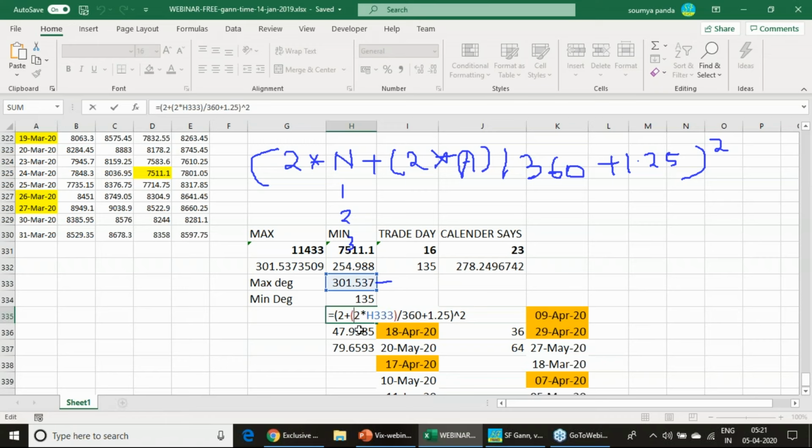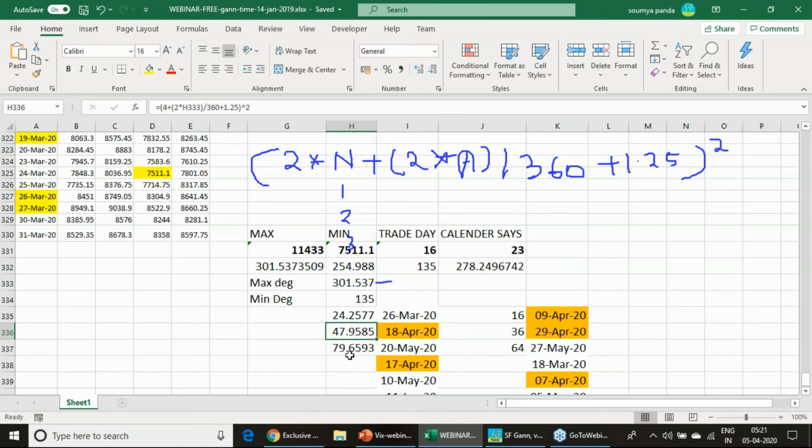Now coming to the second one, this is the second number you are finding out, where n is multiplied with 2. N was 1 initially, so now 2 into 2, 4. So the first parameter is being changed and the remaining parameters remain same. If you go for the third, 2 into 3, so 6, and all remaining parameters are same. So we found out three numbers in the 301-degree trend line, and those three numbers are 24.25, 47.95, 79.65.